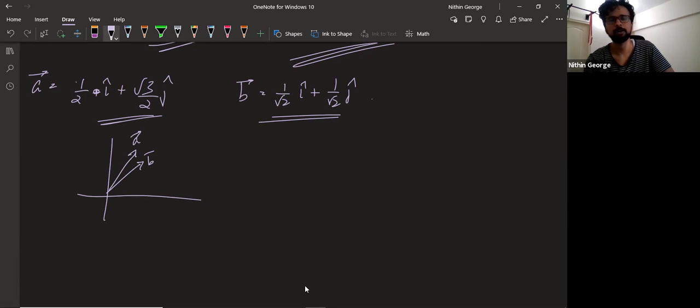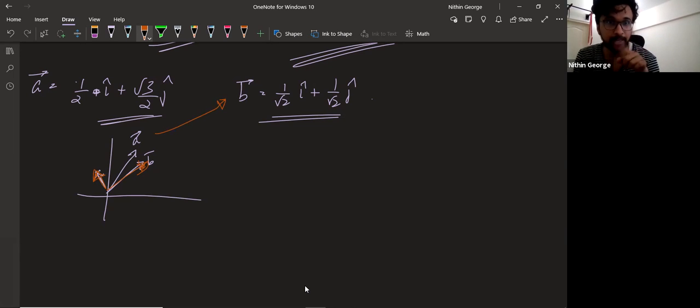What am I looking for? The component parallel to B and the component perpendicular to B. For the A vector, I'm trying to find the component parallel to B and the component perpendicular to B. So I want to write the A vector in terms of the B vector. That's the idea here.